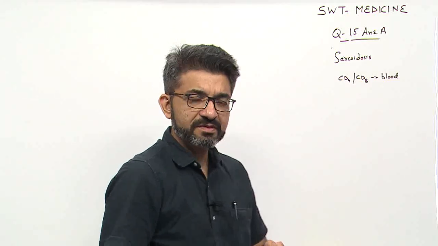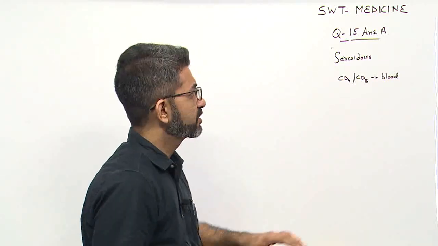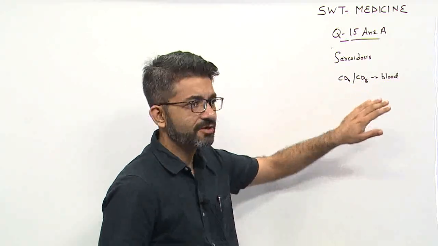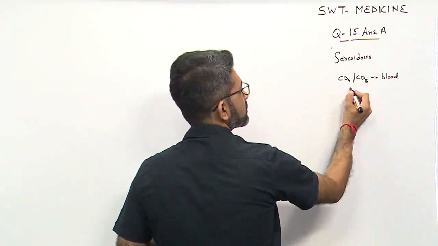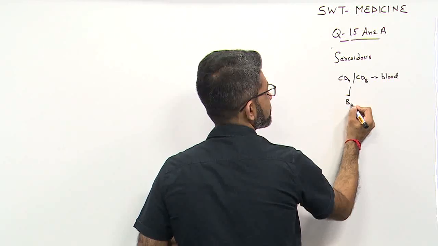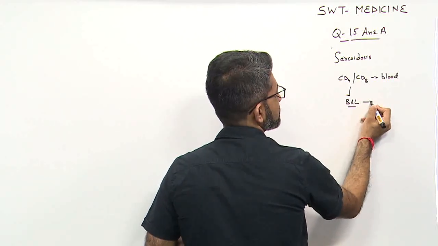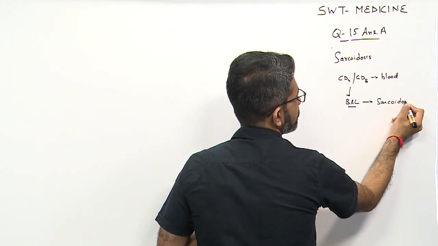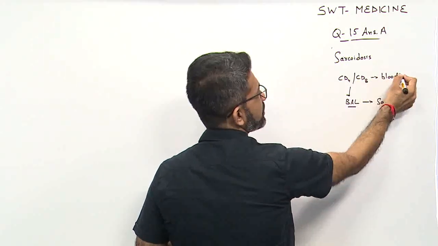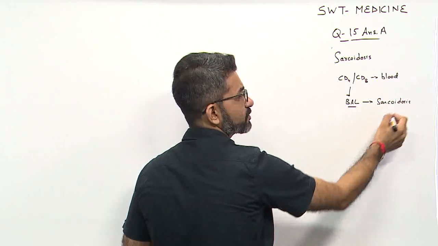We sometimes can make a mistake. Remember, this is CD4, CD8 count in BAL, which is important for sarcoidosis, not in blood. The blood count is for HIV. This is for sarcoidosis.